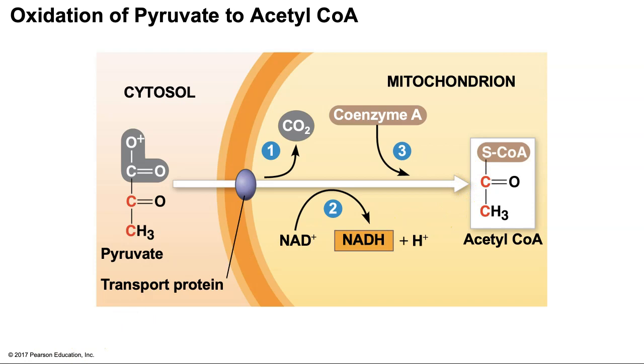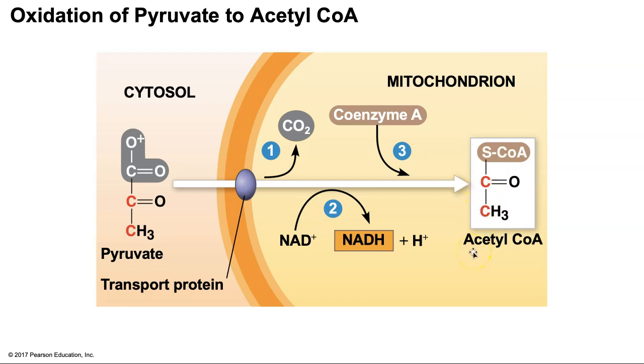Just as a little aside, this new molecule that we've created, with our 2 carbons and part of this CoA, coenzyme A, is called acetyl-CoA, or acetyl coenzyme A. So the acetyl, you may think of maybe acetic acid, and that's another 2-carbon acid.